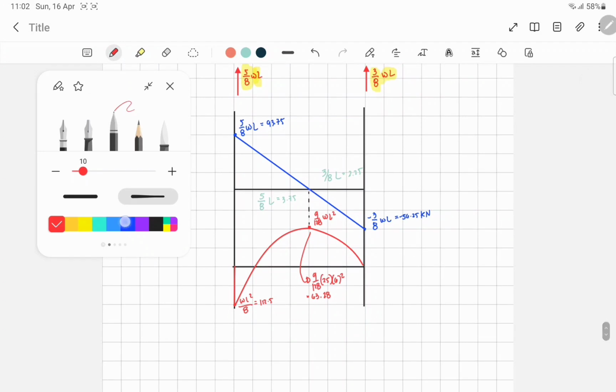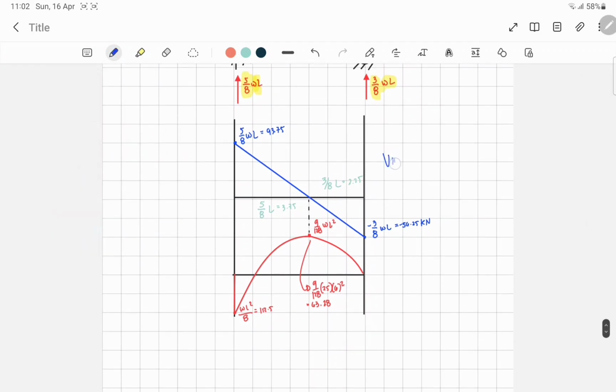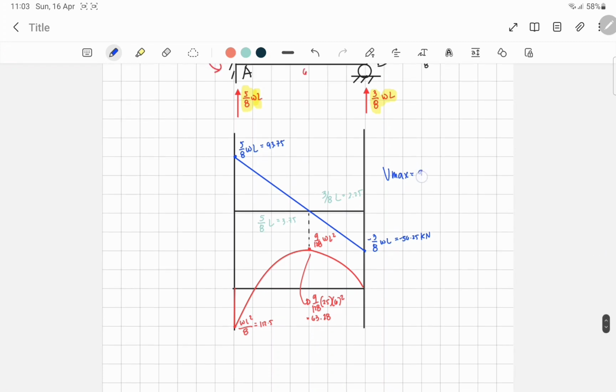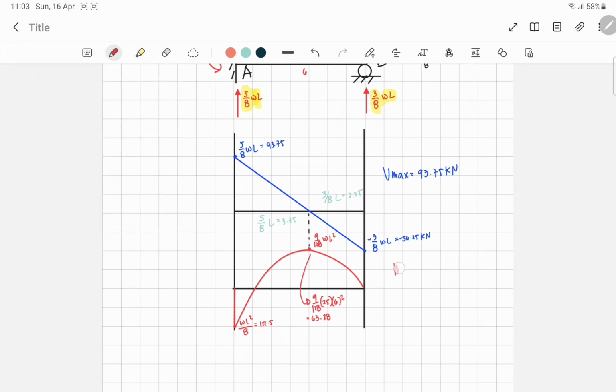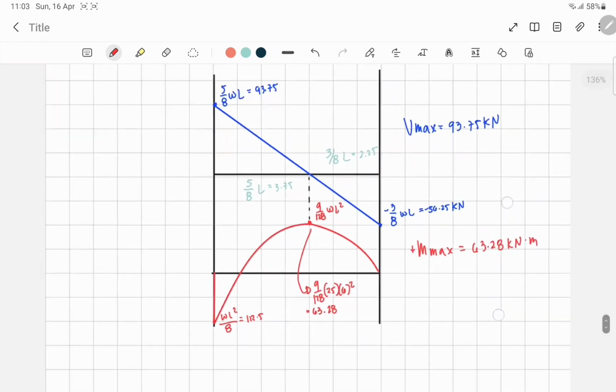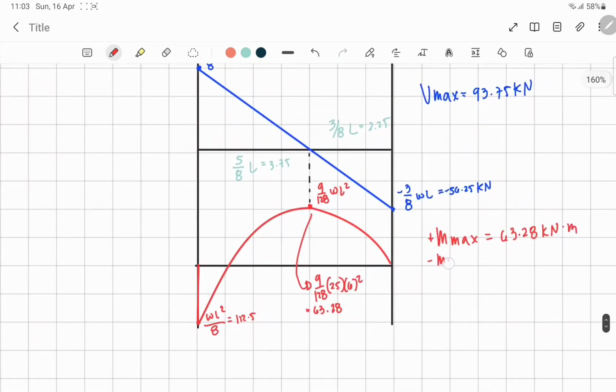And then, getting our maximum shear. This should be, compare nyo yung dalawa, our maximum shear is 93.75 kilonewton. And then for the moment naman, our maximum positive moment is equal to 63.28 kilonewton meter. And then for our negative maximum moment, our answer is equal to 112.5 kilonewton meter.